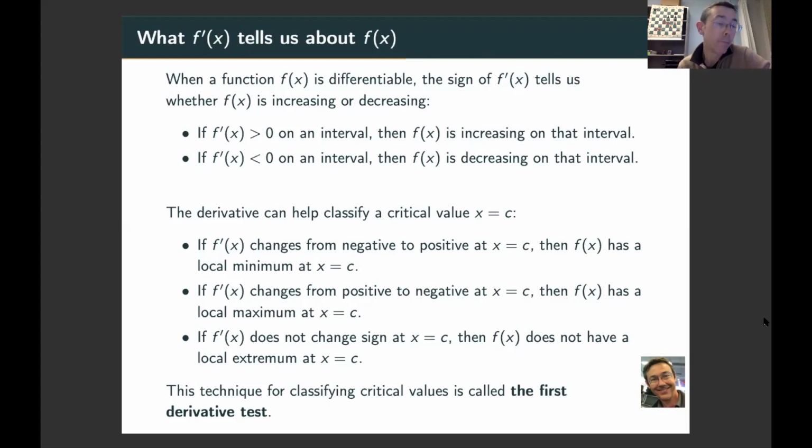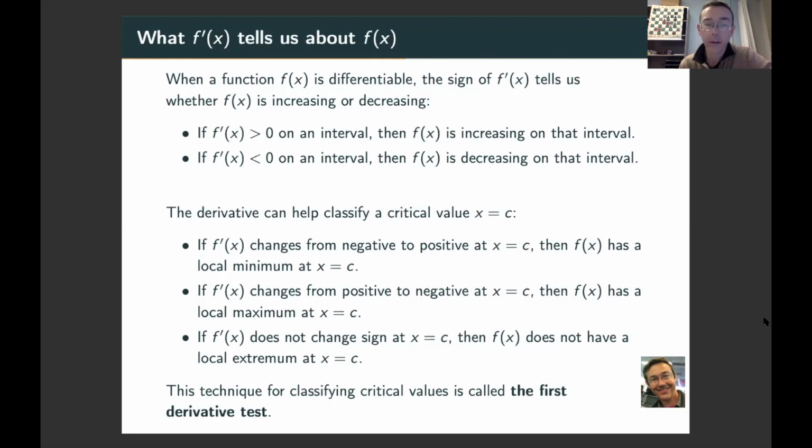The second part of this slide is describing the first derivative test, which is a way of classifying whether critical values are local maxes or local mins. In particular, if x equals c is a critical value and the derivative changes from negative to positive at that value, so the function goes from decreasing to increasing, then you've got a local minimum.